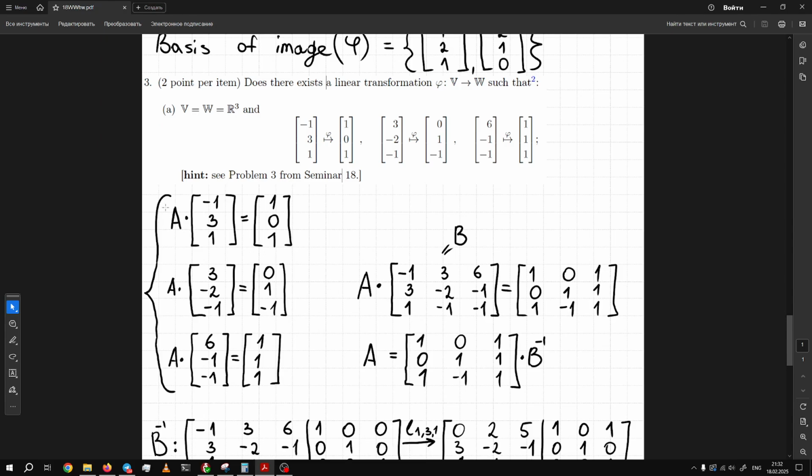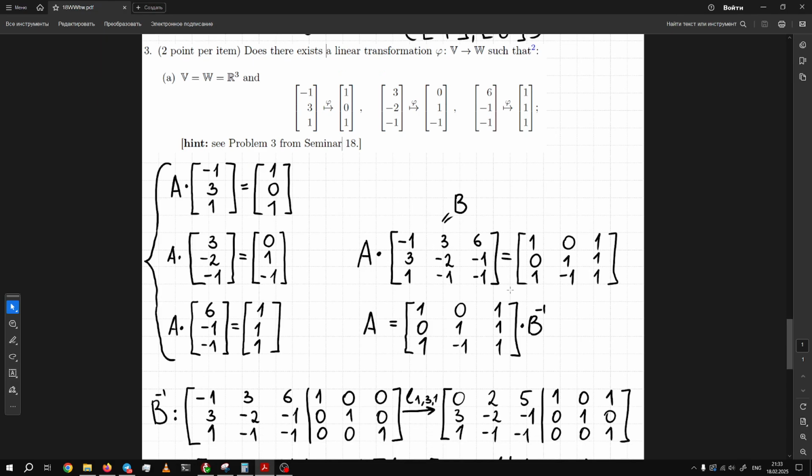So now from this system we can form one matrix of input and one matrix of output, and write this equation.